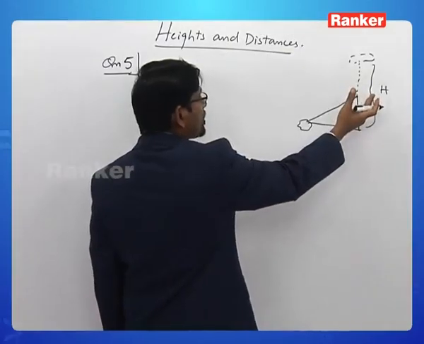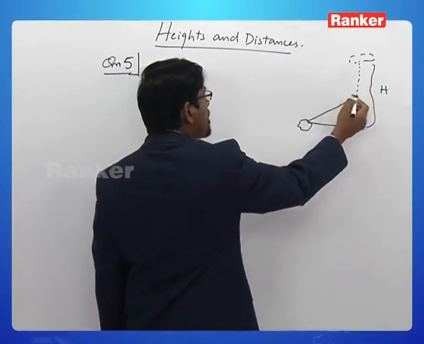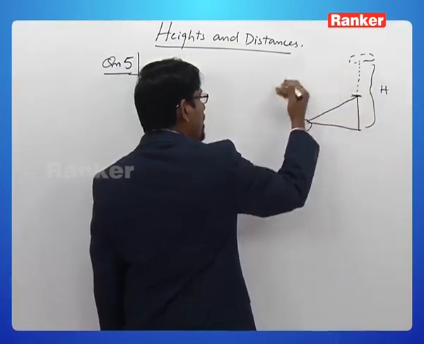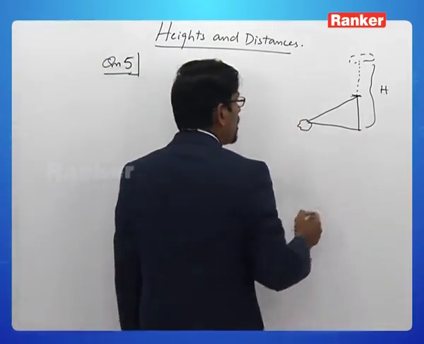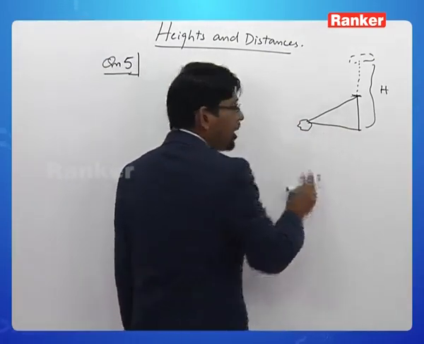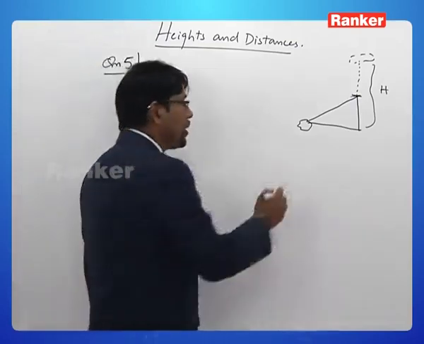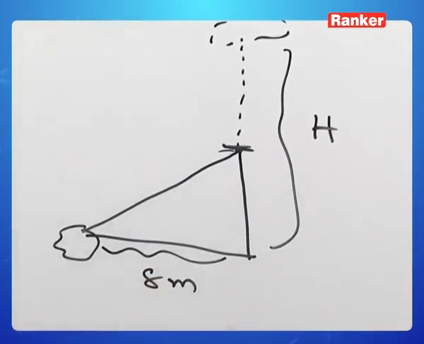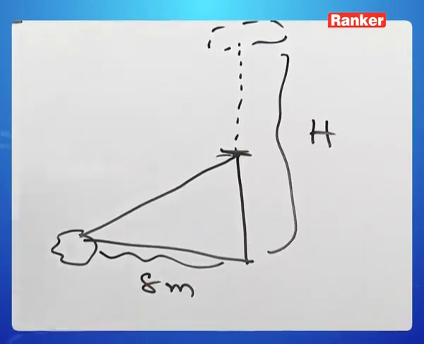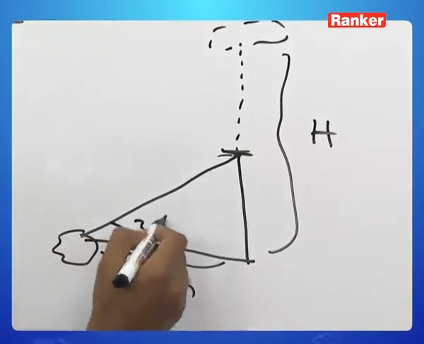After the storm, it has been broken here at this point and this portion has come down. Okay. Let us say this length here, he has given it to be 8 meters. And he says this angle is 30 degrees.